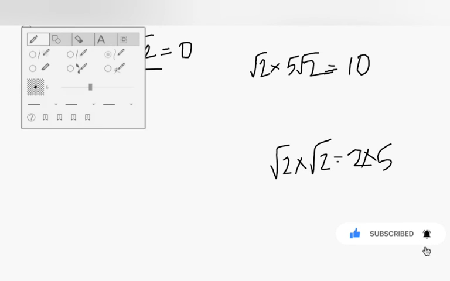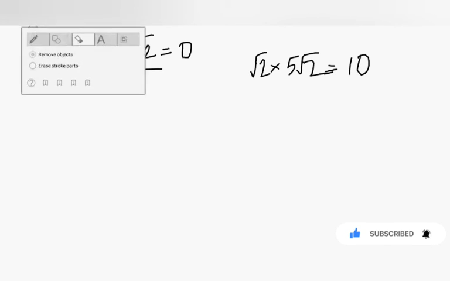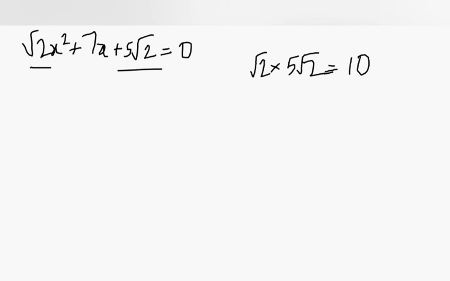And next thing, the middle term is plus 7. So we write the factors of 10, but before writing we will just prime factorize 10, so we get 2, 5, 5, 1.